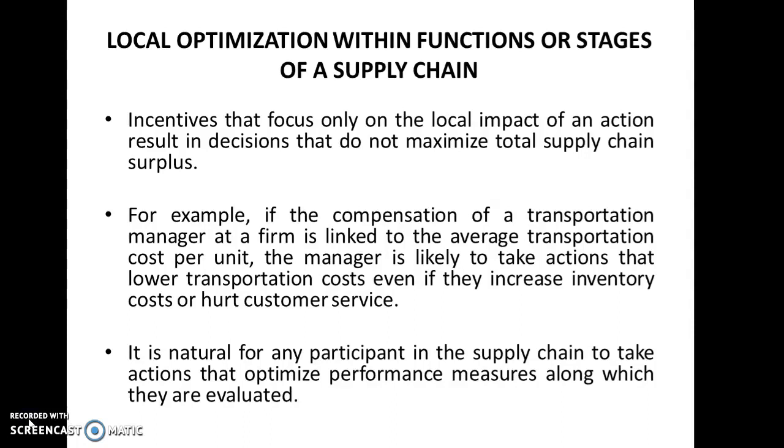That is, in a supply chain system, if you have the system of evaluating a person's performance based on particular parameter, it is natural that he will aim in optimizing that particular parameter without bothering about how it will affect the total supply chain performance.